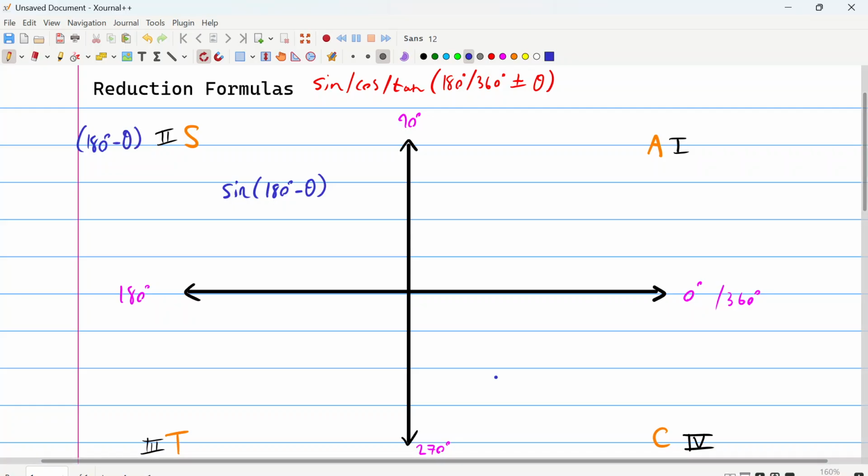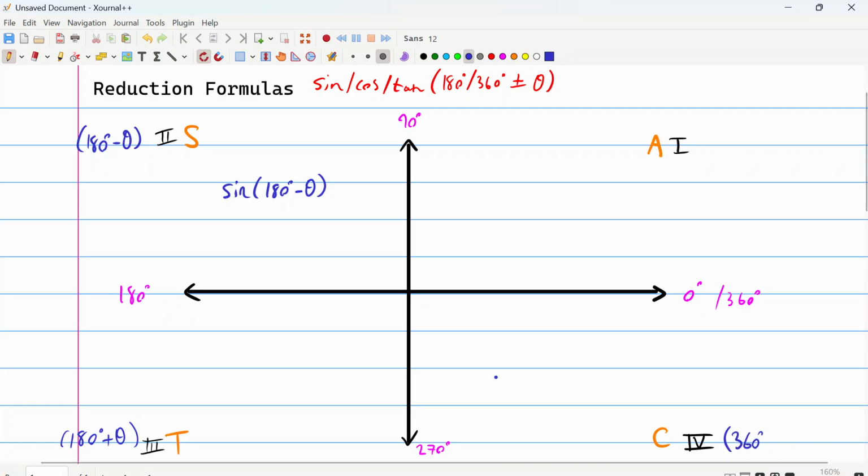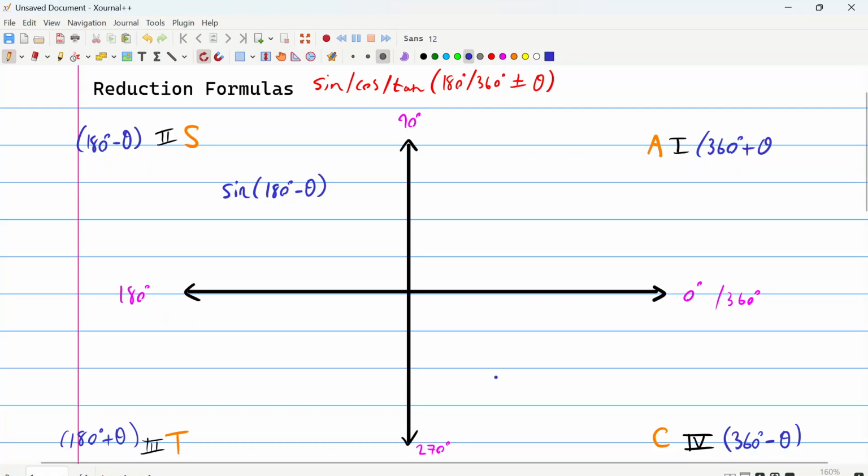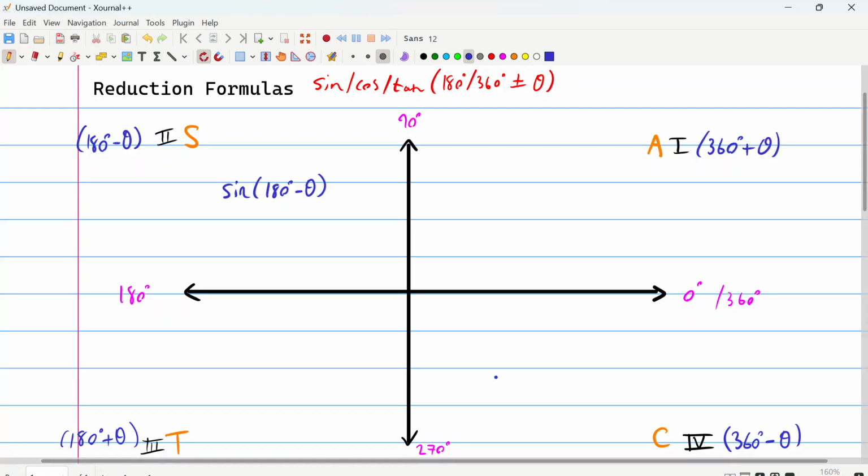This quadrant here is 180 degrees plus theta, because it's now after 180 degrees. And then quadrant 4 is going to be 360 degrees minus theta. And obviously quadrant 1 would usually be represented as 360 degrees plus theta.